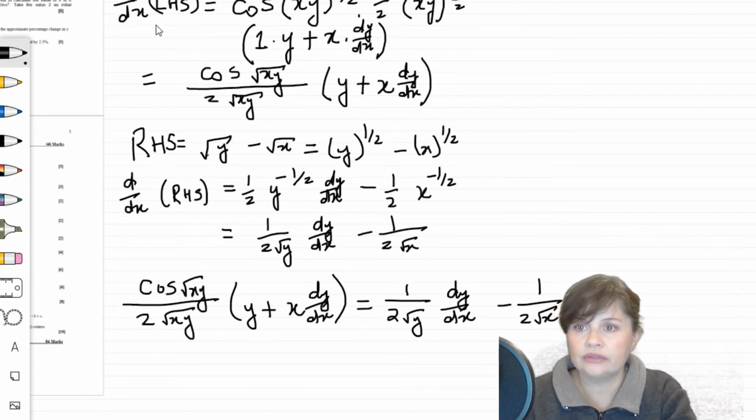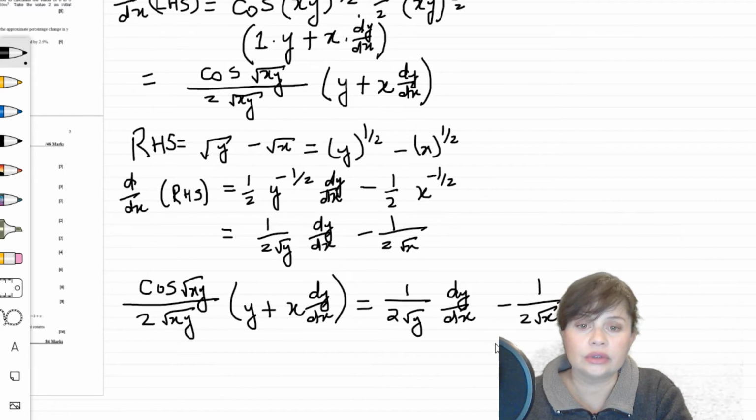Okay, so now what I've done is I've equated the derivative of the left-hand side to the derivative of our right-hand side. But what is our goal? Our goal is to find the derivative dy dx on its own. So here you'll see that the dy dx is inside of the bracket over there, and here you have it on the left-hand side and there it's on the right-hand side. So you want to gather all the derivatives together.